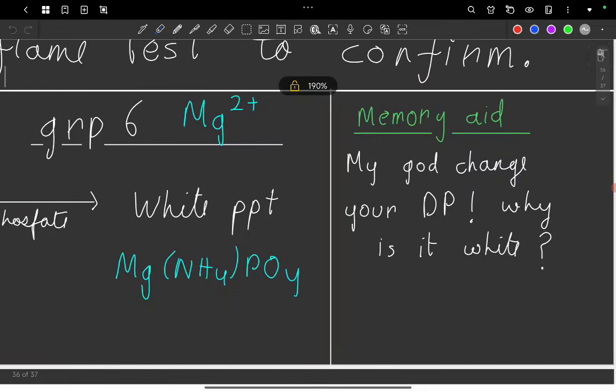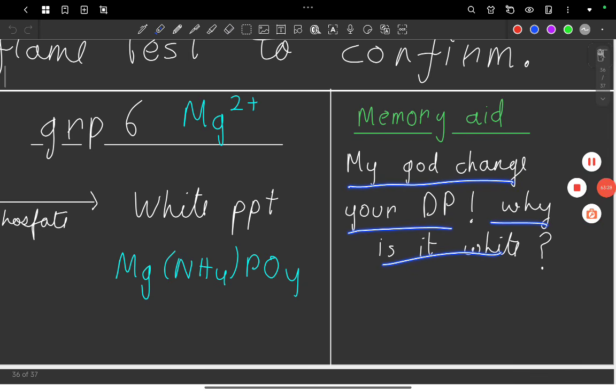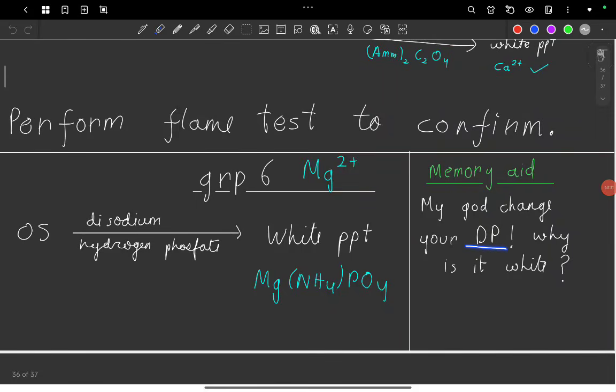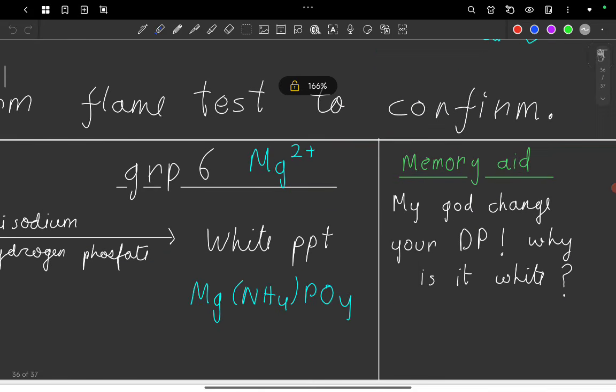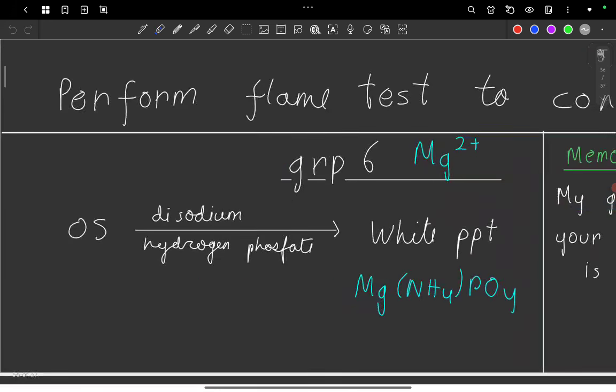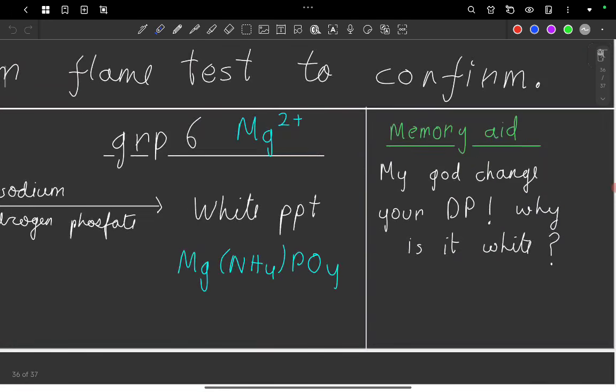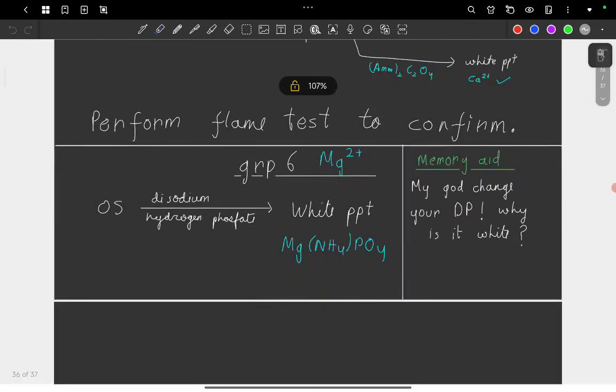And I'll tell you the memory aid for group 6. My god, change your DP. Why is it white? So from DP you have to remember disodium hydrogen phosphate, and from my god you have to remember Mg, and from white you have to remember white PPT.